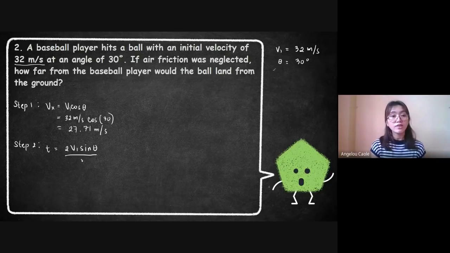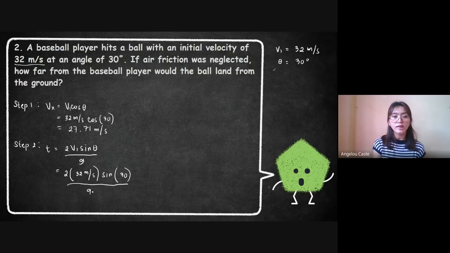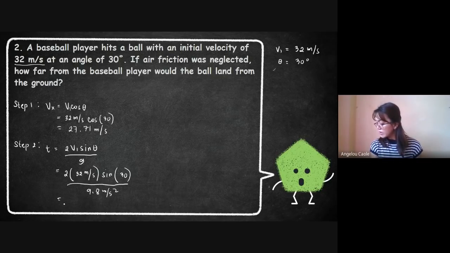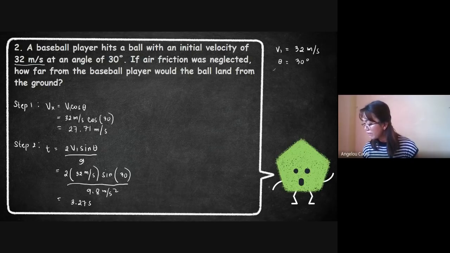Since velocity Vi is given, angle is given, so we can just substitute 2 times 32 meters per second sine angle divided by 9.8 meters per second squared. The answer here is 3.27 seconds. And in finding the range, we have step 3.